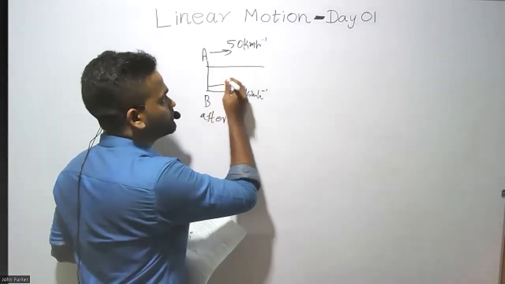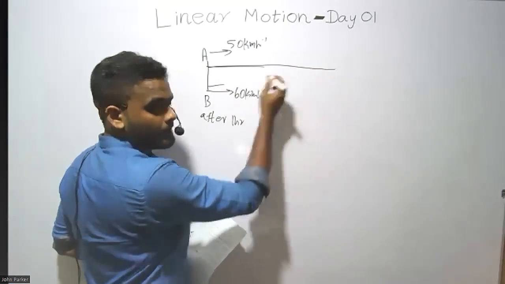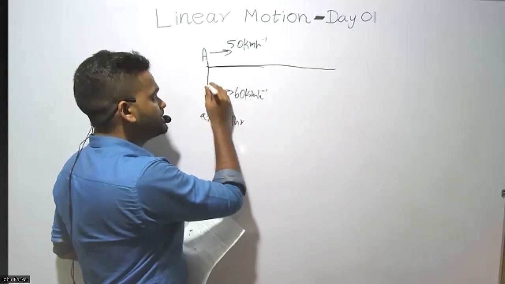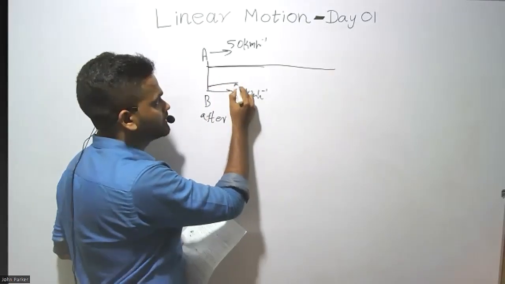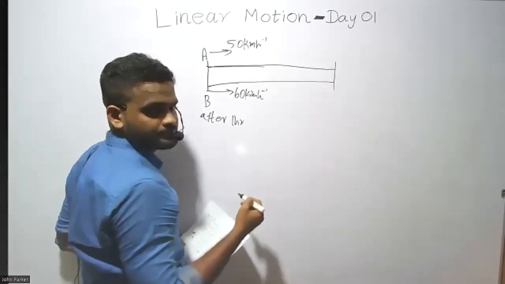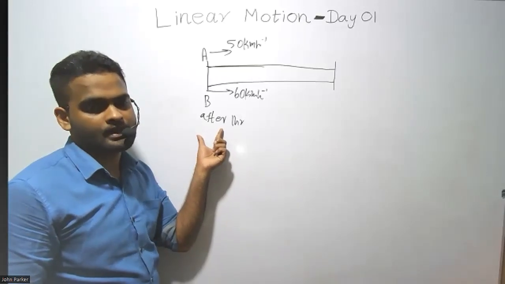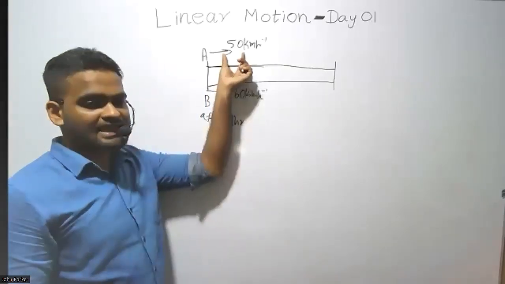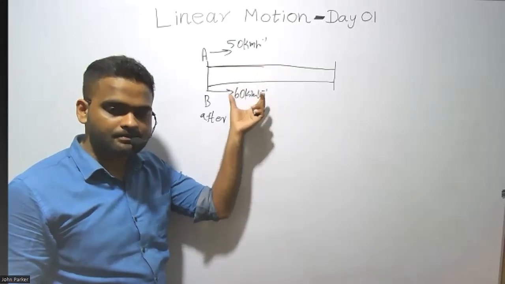So car A has already started moving. After a while B starts to move. Since the speed of B is higher, B can pass car A somewhere here. But it started moving after 1 hour, right? So we need to build a connection between car A and car B.